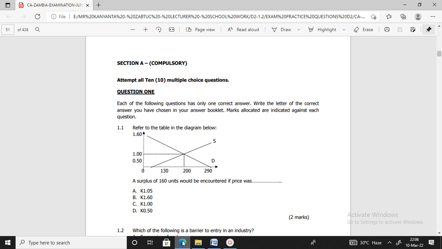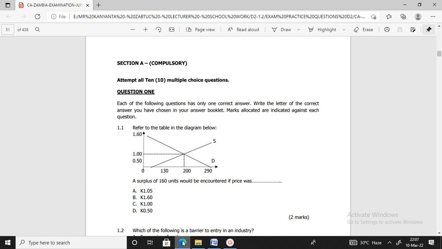That price shows that if the price is at 1.6, demand is going to be equal to 0. So if demand is 0, supply should be somewhere around 290, if you look at the other figure on that side, 290 units.